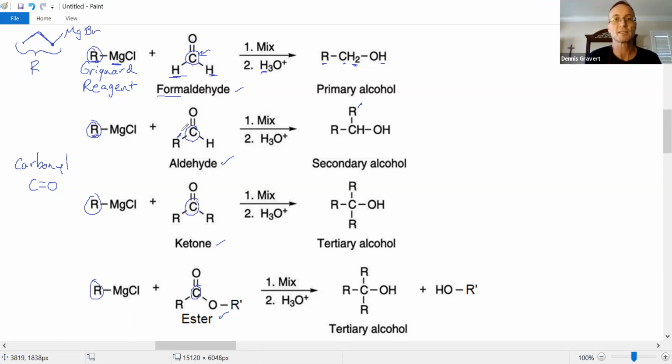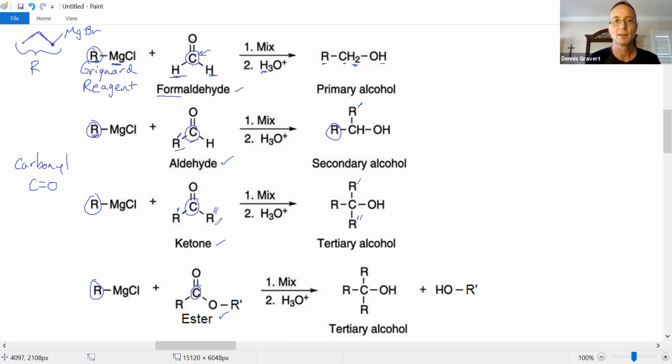But I'm going to choose, hey, this R, I'll put it on the left side here. That comes from the Grignard, and then the remaining carbons, this R group and that C, came from the aldehyde.